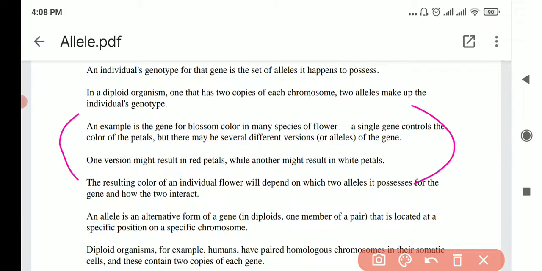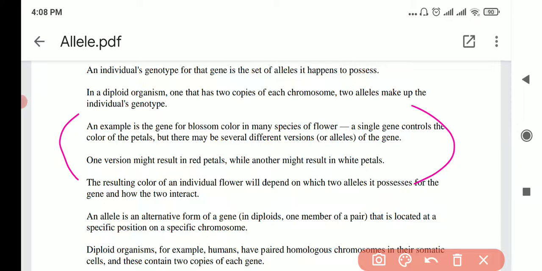But here, instead of eye color, it's giving you the example in the botanical sense, where the gene codes for the petal color. The gene that codes for color is for color only. It doesn't care whether the gene is for red color, white color, green color, it has no clue. But gene codes for color means it codes for color.